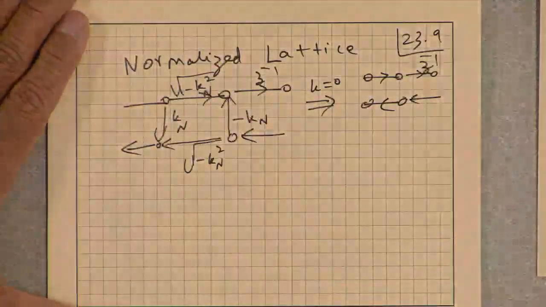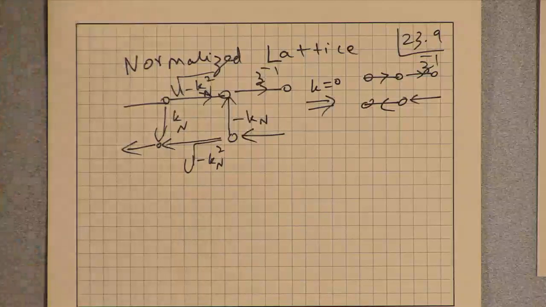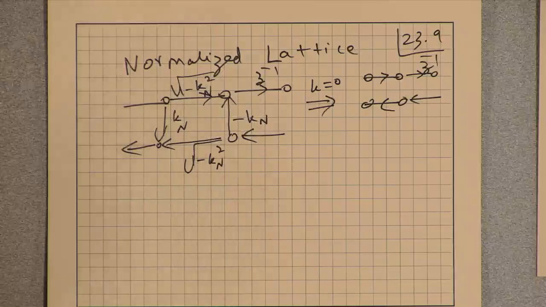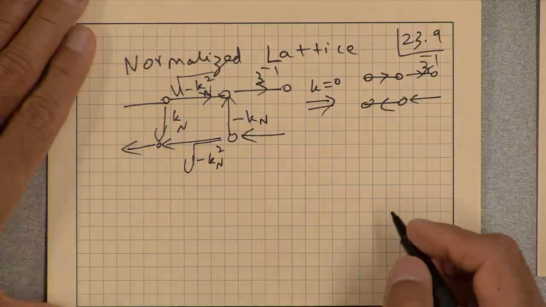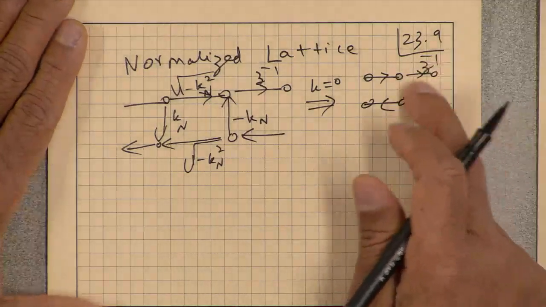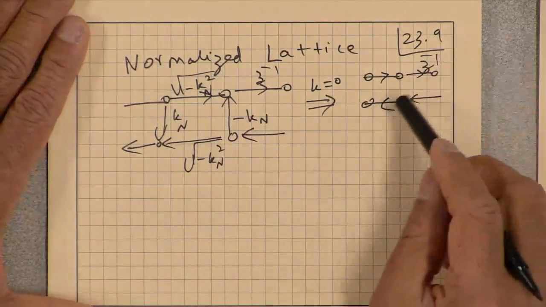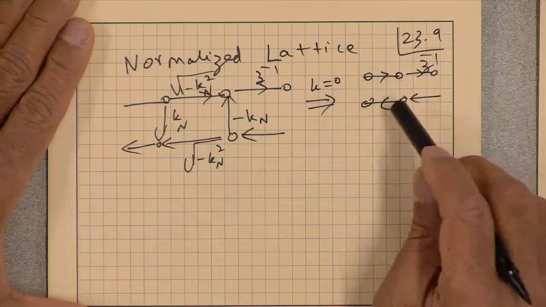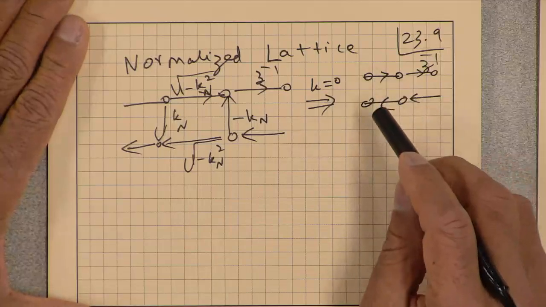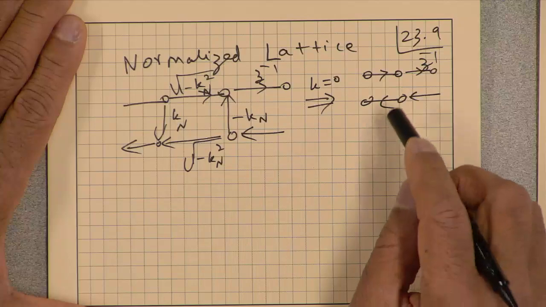If k is equal to 0 for the normalized or the scaled normalized, again everything remains the same except there is an increase in the delay. So m minus 1 consecutive k coefficients are 0.